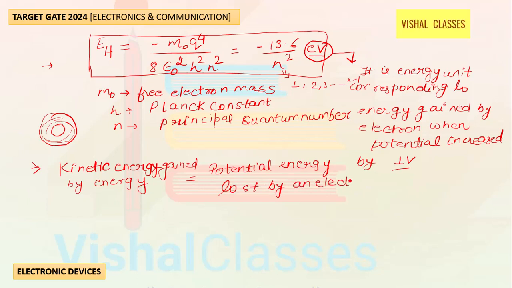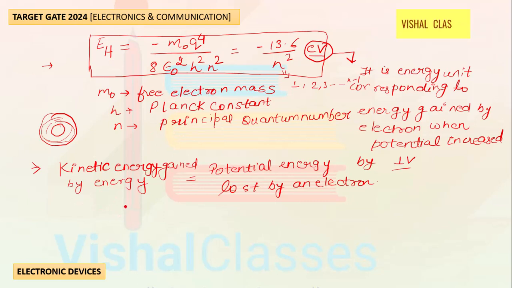Here I am not deriving how these formulas came. Our target is to clear GATE, not doing a PhD on it. Here I am writing only formulas, not derivations.